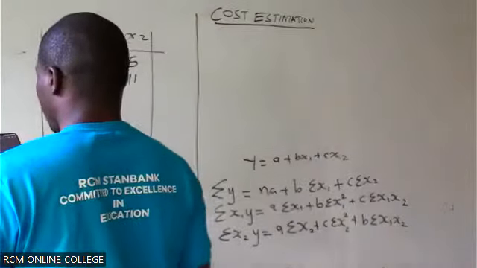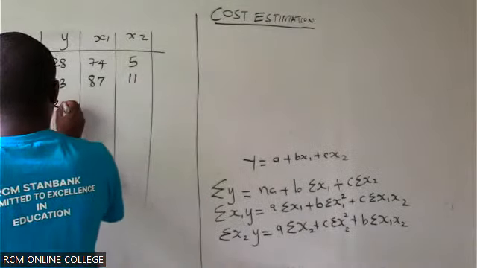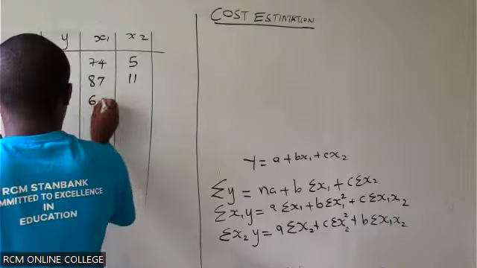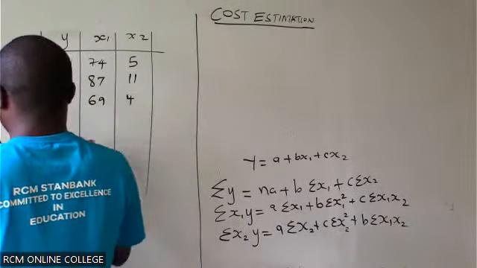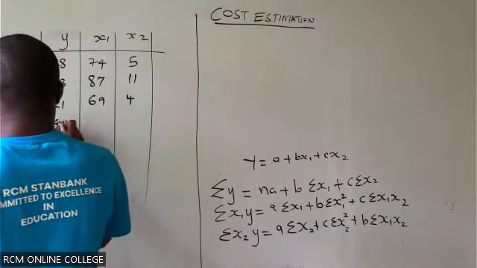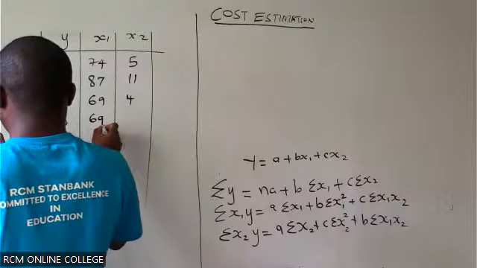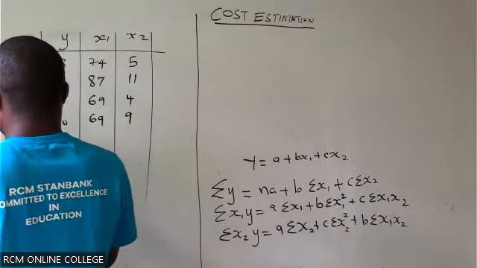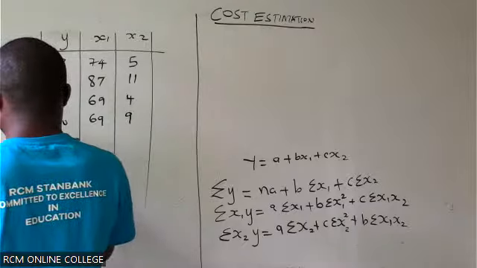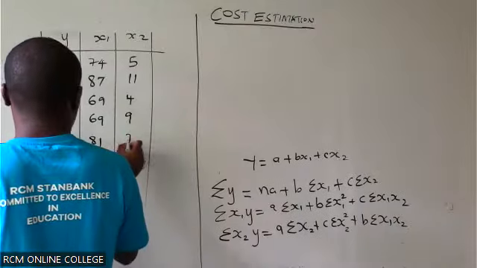Then we get to 21, 69, 4. We get to 40, 69, 9. We get to 38, 81, 7.